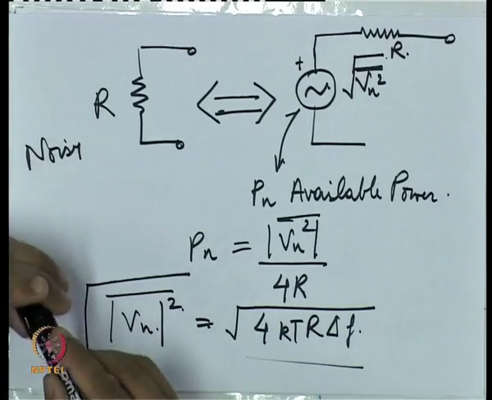Now, that was the basic noise definition. But what about our two-port microwave devices? How do we characterize the noise associated with our two-port microwave devices, or in other words, the noise of an amplifier?